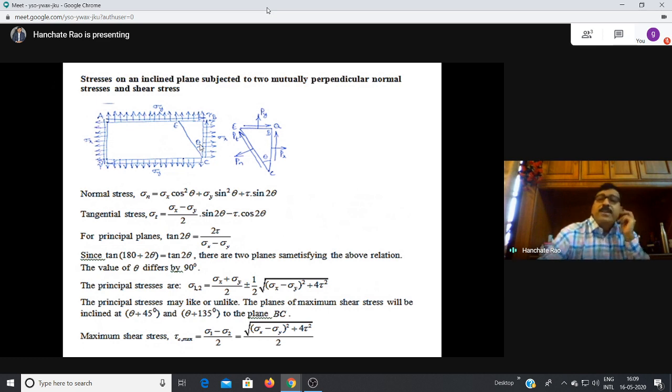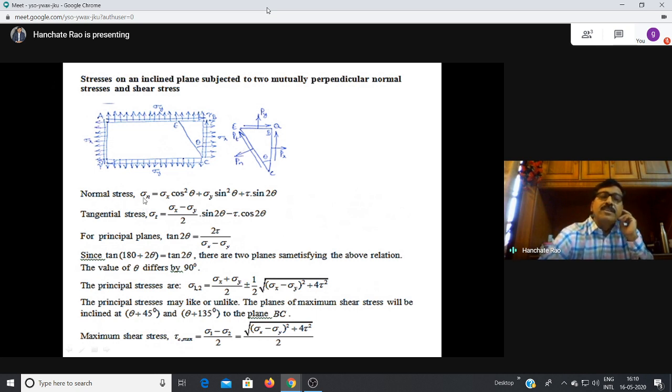For this, if you consider any inclined plane at an angle theta to the vertical plane on which the stress sigma x is acting, again we have one normal stress and one tangential stress, Pn and Pt, or sigma n and sigma t.